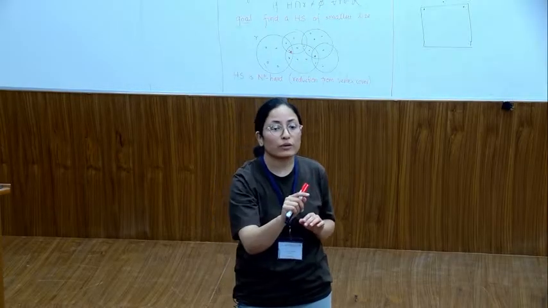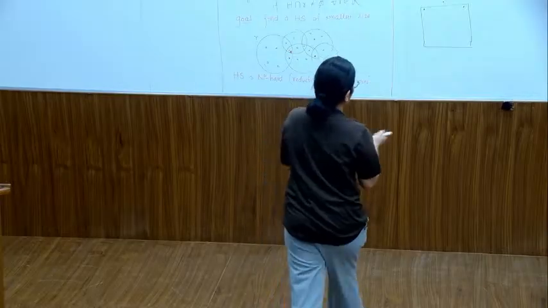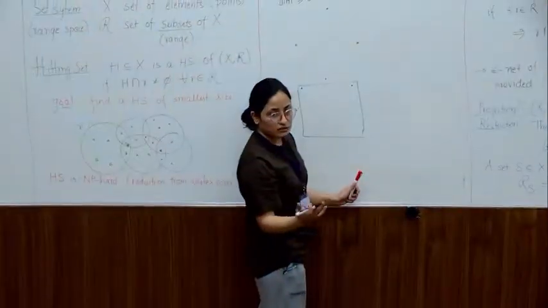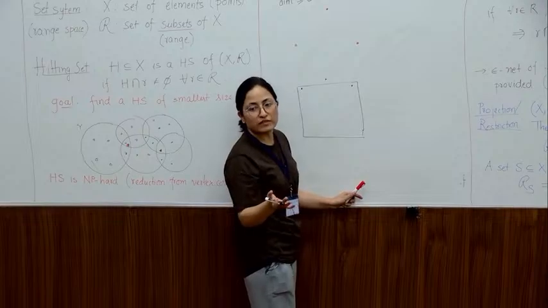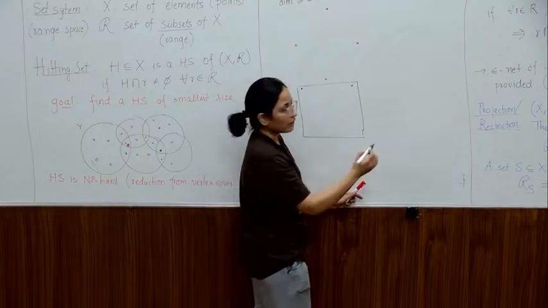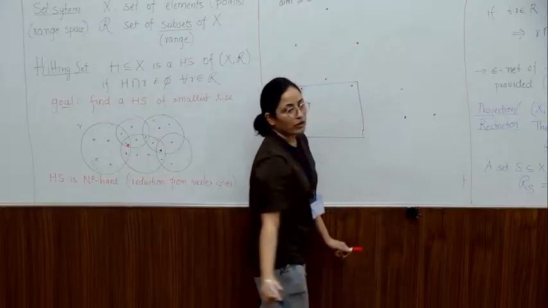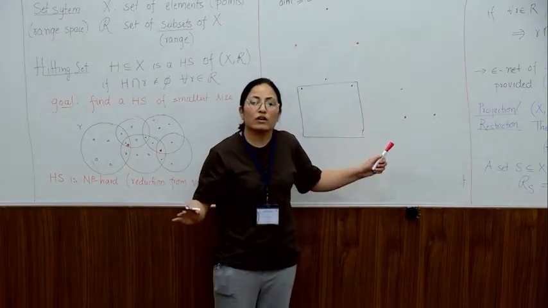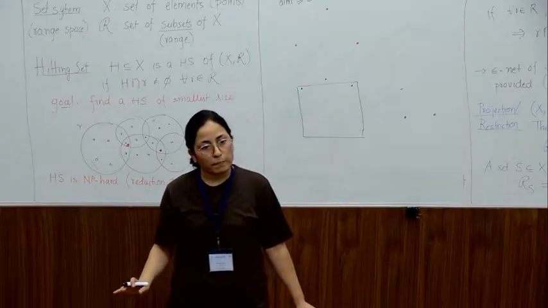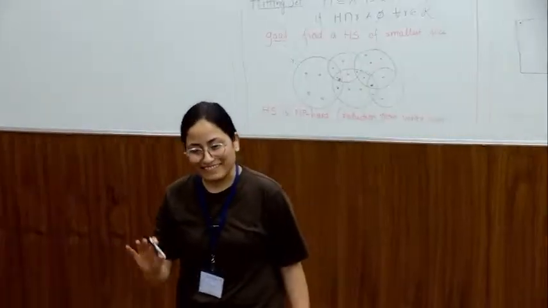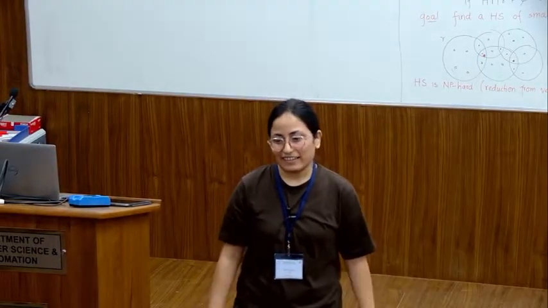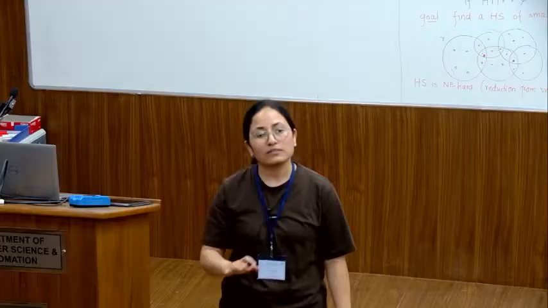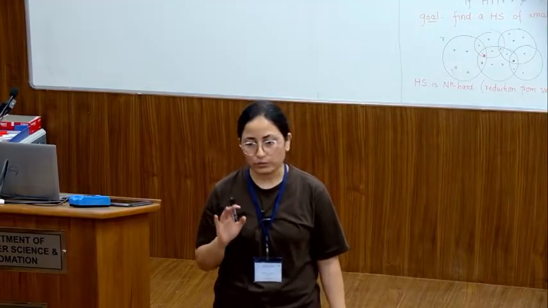Here also usually we consider points to be in general position, which means that no 2 points have the same x or y coordinate. So in this case, if you have points arranged like this, these 2 points happen to have the same x coordinate. So these are not points in general position. Okay? So the claim is correct. 3 points in general position can always be shattered by squares.